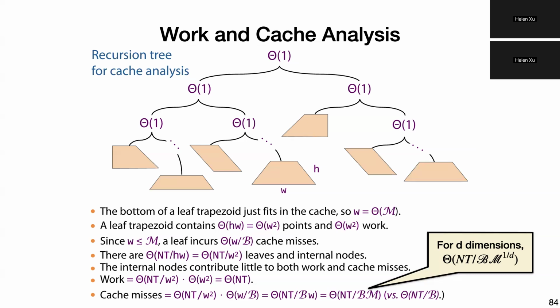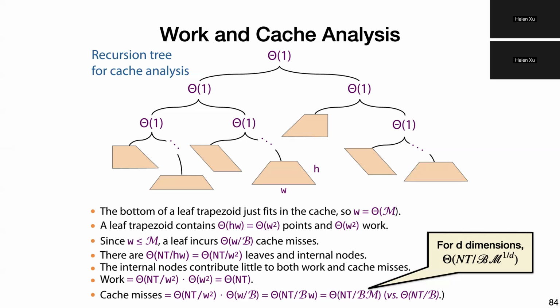So the work, well, the work should not be changed. The work should always be n times t, because we're computing this 2D grid. And so the way we do that is we want to count the number of leaves in this recursion. The bottom of the leaf just fits in the cache.